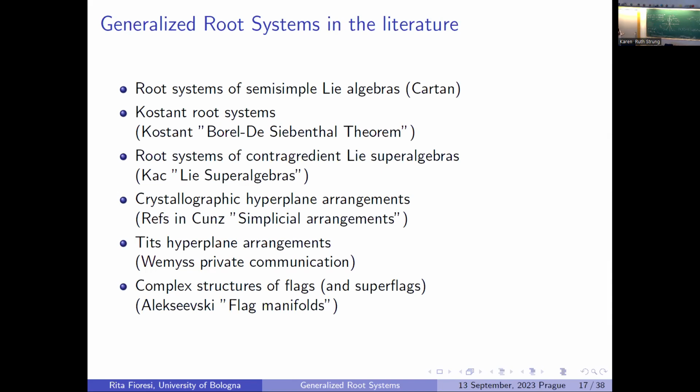The so-called crystallographic hyperplane arrangements are examples, a special case. And what is called the Tits hyperplane arrangements, from Weyl's private communication: he wrote to us after we posted and said, oh, I'm doing that also.